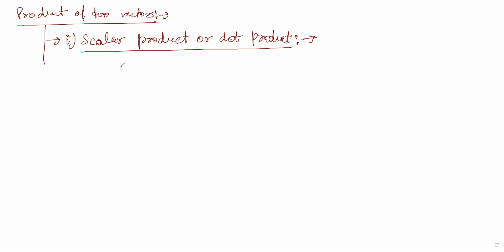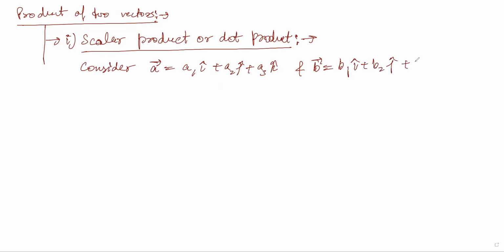So first of all, let's say we have two vectors. Consider A, and A is A1 i cap plus A2 j cap plus A3 k cap. Similarly, some vector B, where B is B1 i cap plus B2 j cap plus B3 k cap.